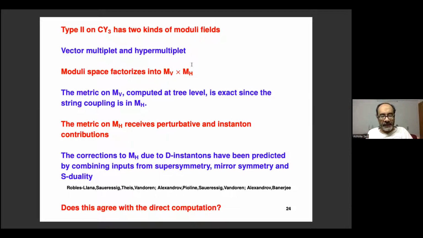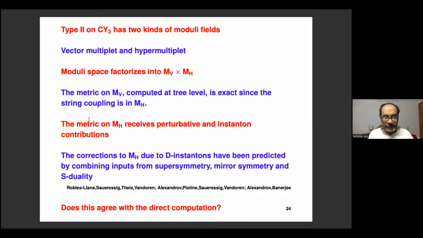Now it turns out that the dilaton, which controls the string coupling, is in the hypermultiplet. And this immediately says that the vector multiplet moduli space computed at the tree level is exact, because the corrections can only depend on the string coupling, but the string coupling is in the hypermultiplet. So there cannot be any correction to the vector multiplet moduli space.